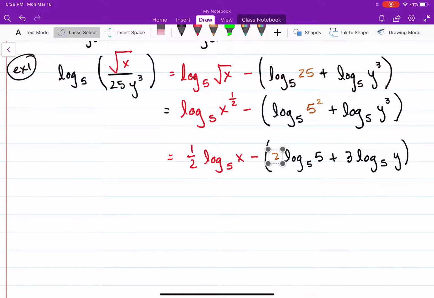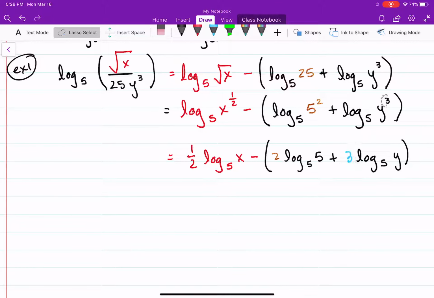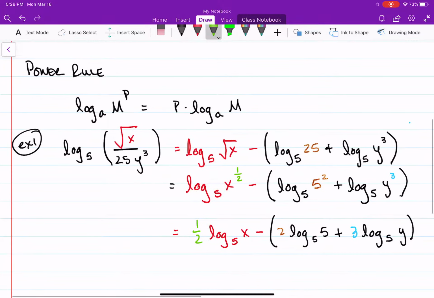Let's take this 3 and change it to blue, and change this 3 also to blue, and then change this one to green, and also change this 1/2 to green as well. Now you can see where those powers are coming from, and I'm just using the power rule there.